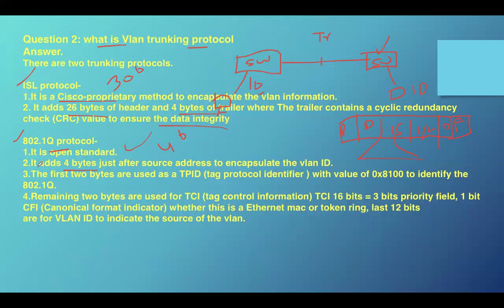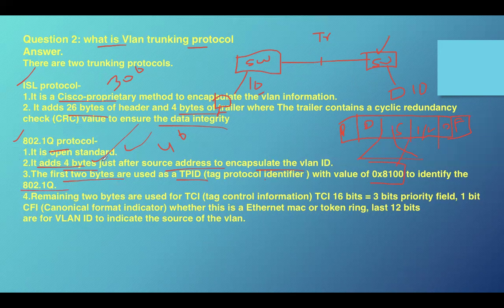As you see, the total length of the .1Q tag is 4 bytes, just after the source address, to encapsulate the VLAN ID. The first 2 bytes are used as the TPID, the tag protocol identifier, and the value is always 0x8100. This identifies that this is 802.1Q.